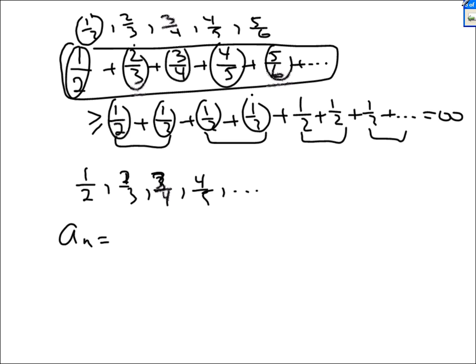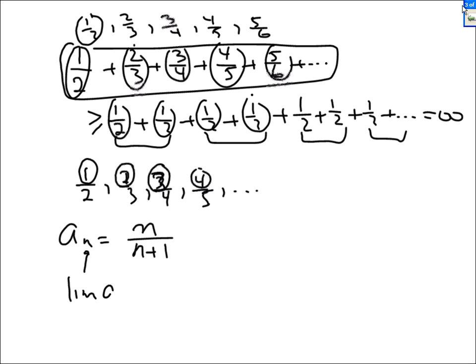Well, the numerator is always that number. That is, the first term has a 1 on top, the second term has a 2 on top, the third term has a 3 on top, the fourth term has a 4 on top. Whatever the subscript n is, that's what the numerator is. And the bottom is always one more.